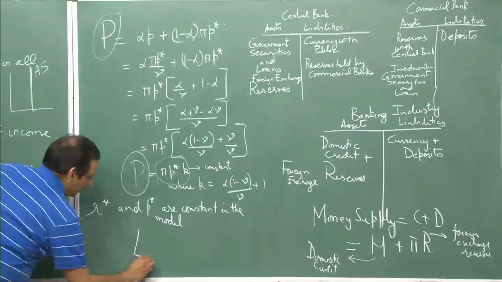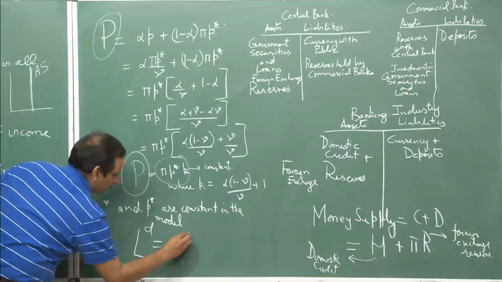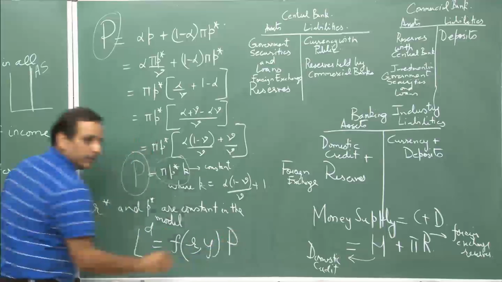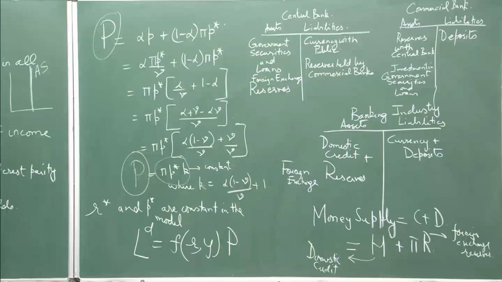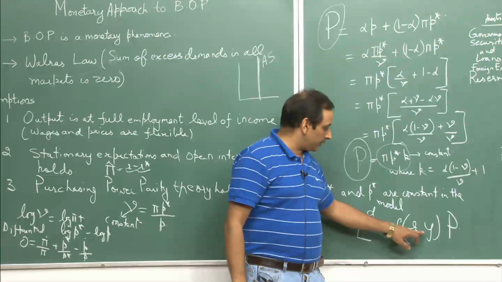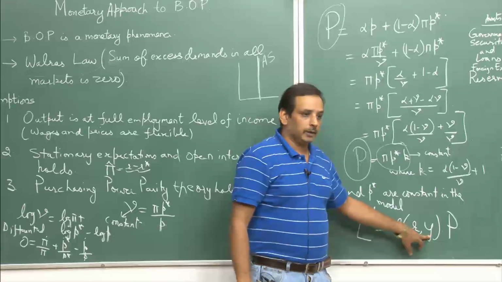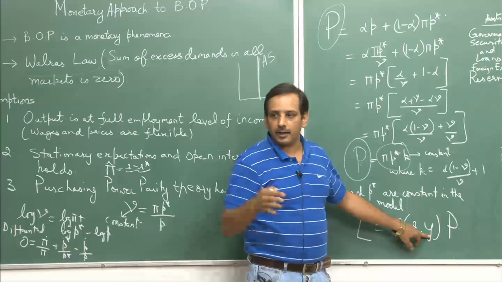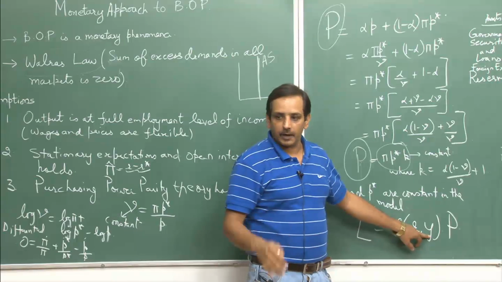Then the money demand, which is a function of r, y and big P, is a function of the rate of interest and incomes. Remember, the money demand is a sum of 2 demands, transaction demand and the speculative demand.